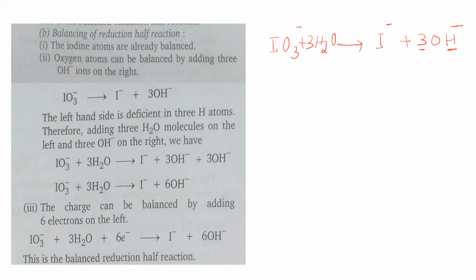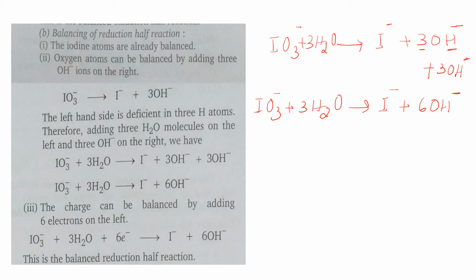Now as I have added 3 H2O in the left hand side, again I have to add 3 OH- in the right hand side. Same number of OH- I have to add. So total what I am getting, IO3- plus 3H2O is giving you I- plus 6OH-.